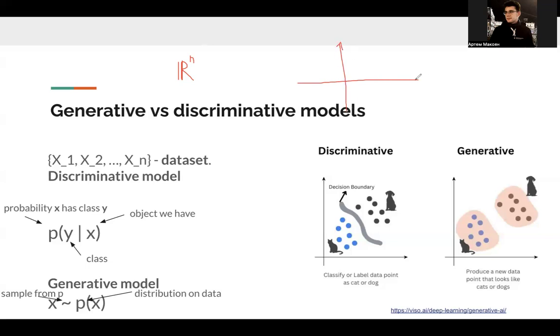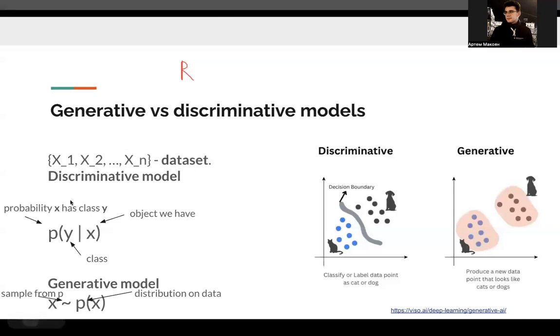So we have some objects and a distribution on them, and next we say that we have a density function on it, and this is our data. Not only samples, but also probabilities, the density function, so also a distribution on this data.